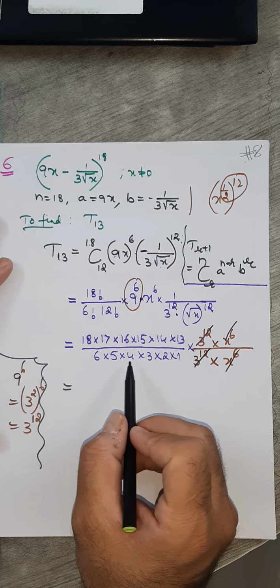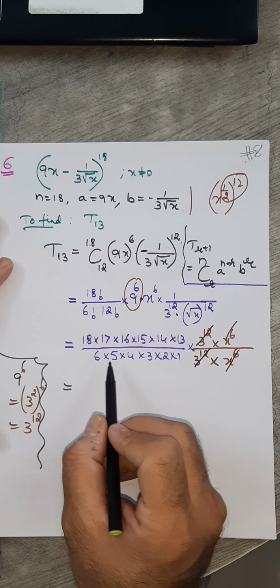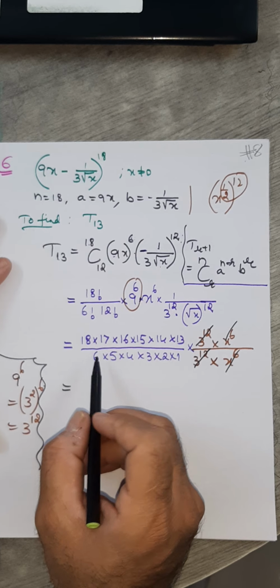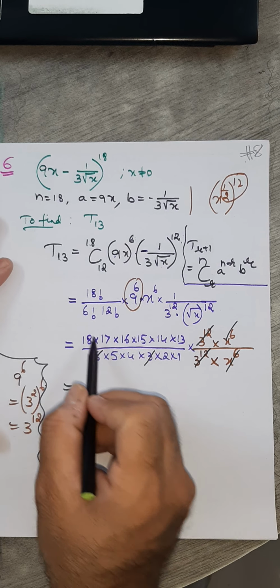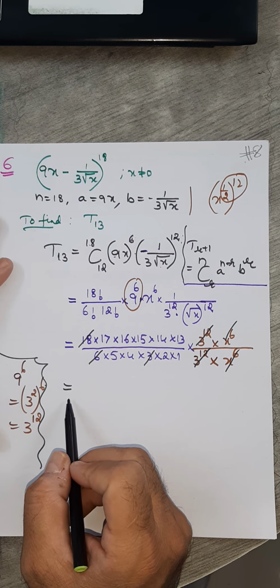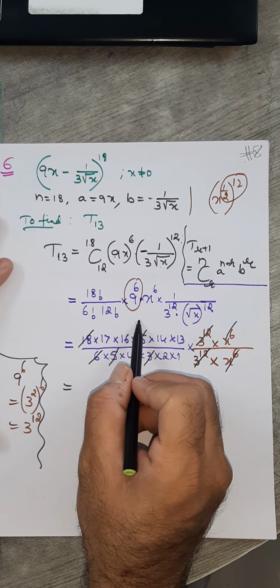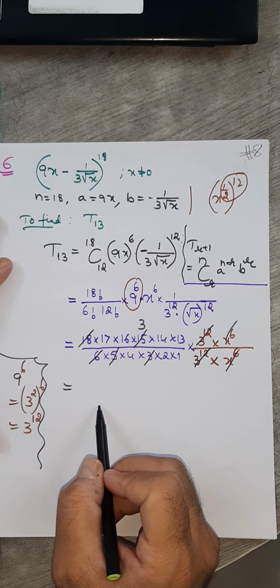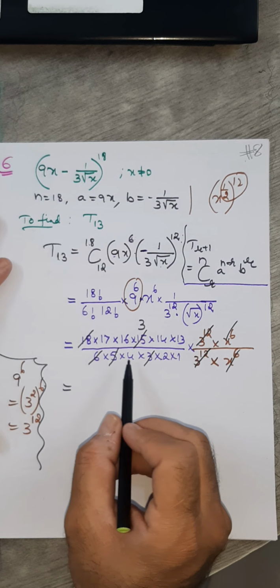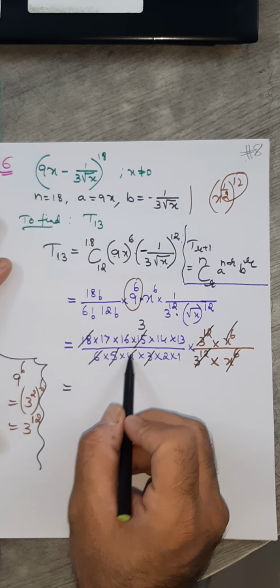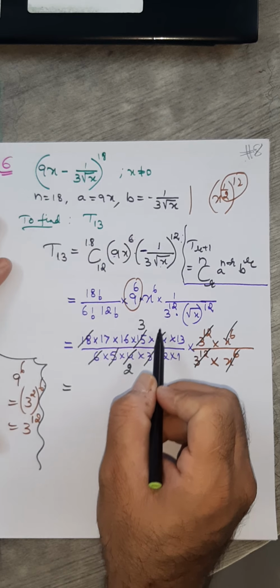How do we simplify this? You can see 6 3s are 18, so that will get cancelled with this. What about this? 5 3s are here 3. Here you can write at least 2, and here you can write 7.